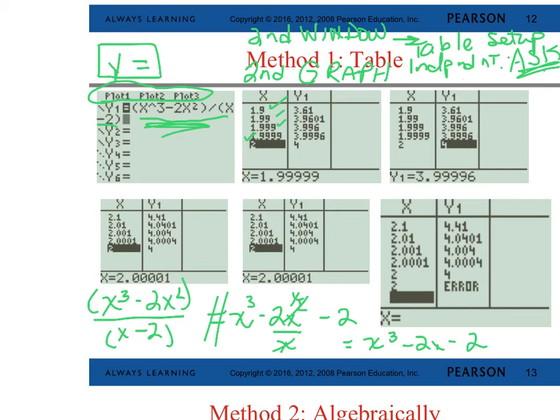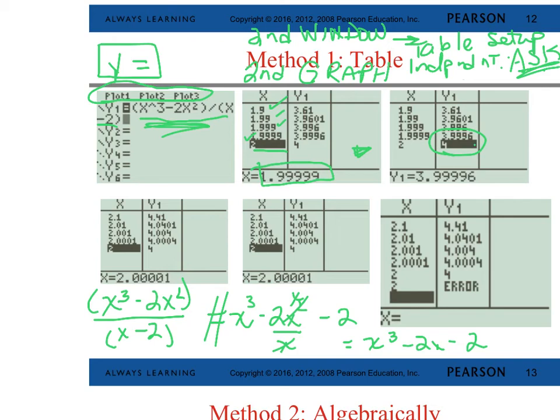And notice that it looks like I entered 2 for that last entry. But I didn't. If you look down here, it says what I actually entered was 1.99999. The reason I'm pointing this out is because if you use your right arrow key and get over here on the 4, you'll notice it says 4 in the table.